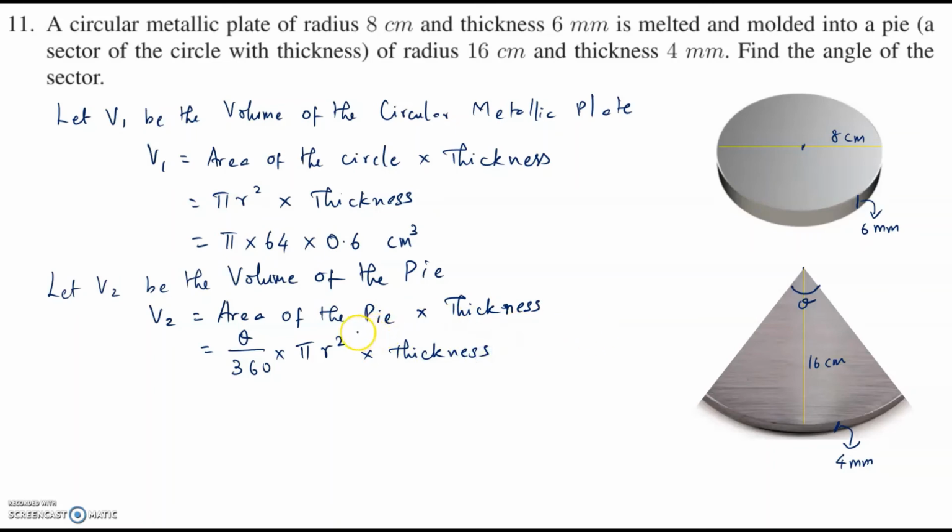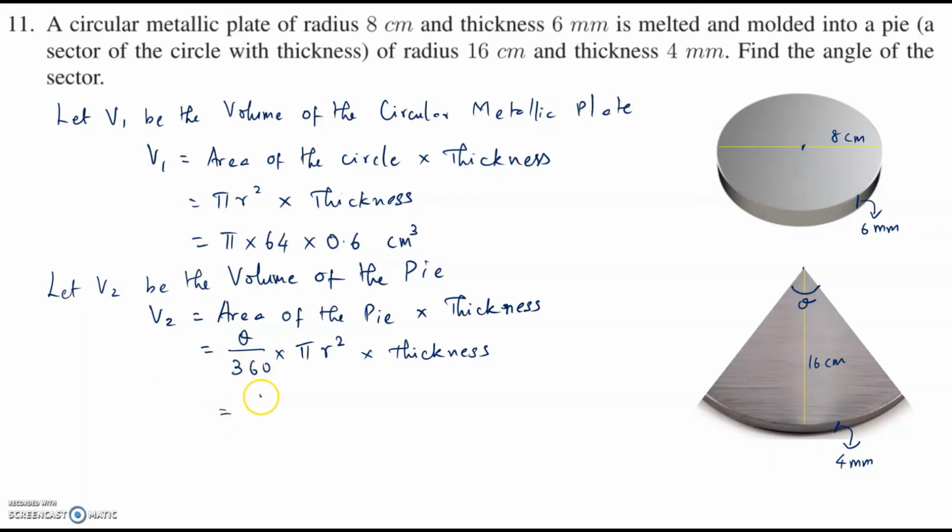The radius is 16 centimeters and the thickness is 4 mm, which we convert to 0.4 centimeters.